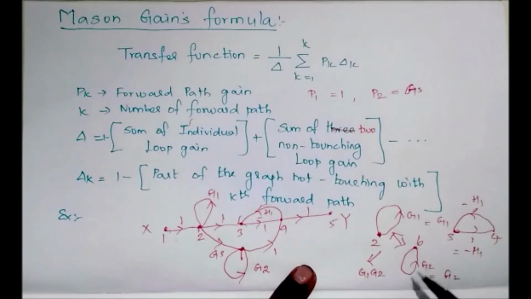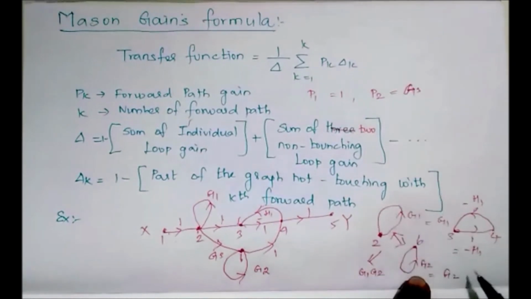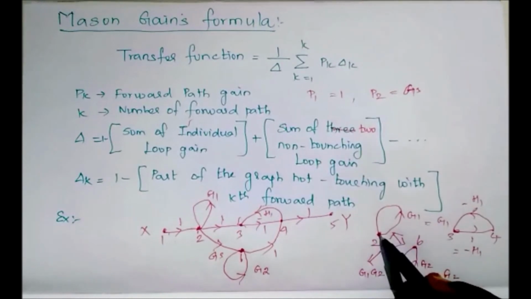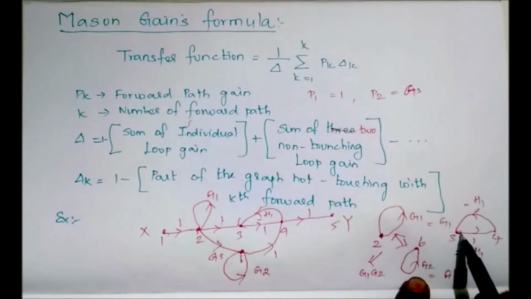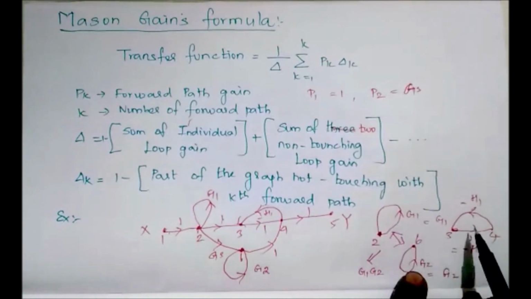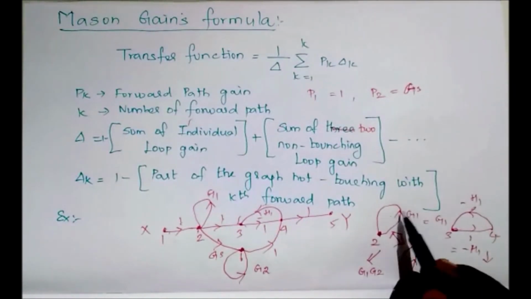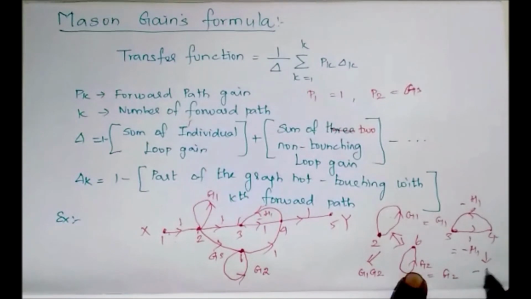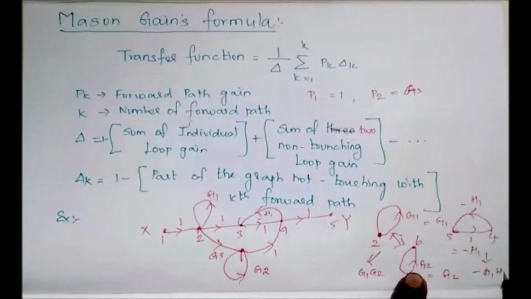Next possibility. We can compare this with this. The second possibility is this is due to 2, this is due to 3 and 4. Therefore there is a possibility of a second pair of non-touching loops. Its gain is g1 into minus h1, therefore minus g1 into h1.